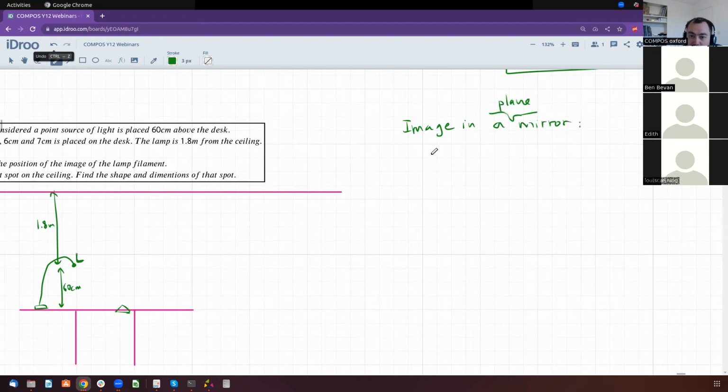First, it's the same size as the object. Second, it is the same distance from the mirror as the object.